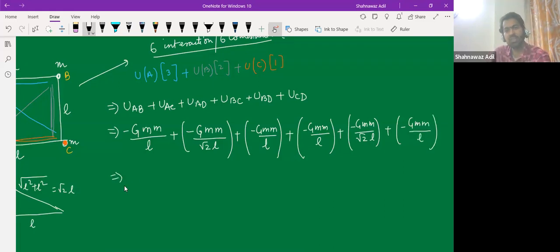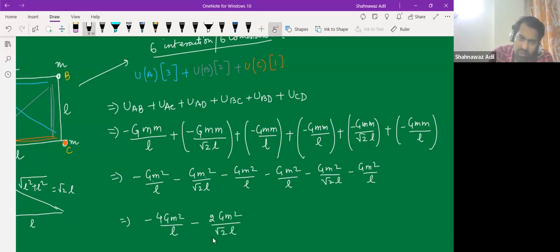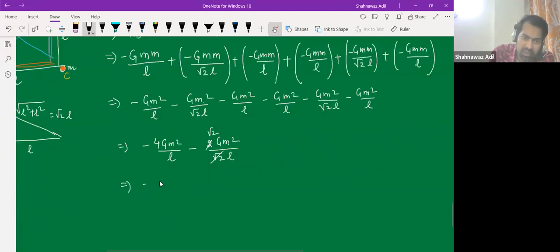So these are all the potentials, right? Minus GM square by L, minus GM square by root 2 L, minus GM square by L, minus GM square by L, minus GM square by root 2 L, minus GM square by L. So 1, 2, 3, 4: minus 4GM square by L, and there are 2 terms of GM square by root 2 L. So then we can take minus GM square by L common, and this would be (4 plus root 2).